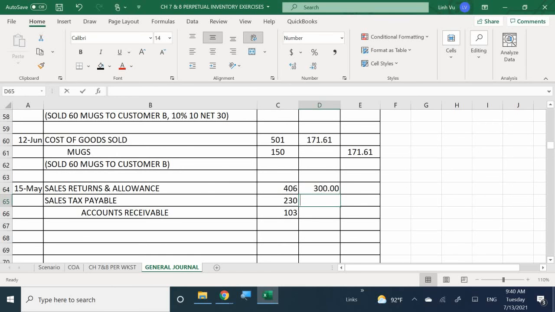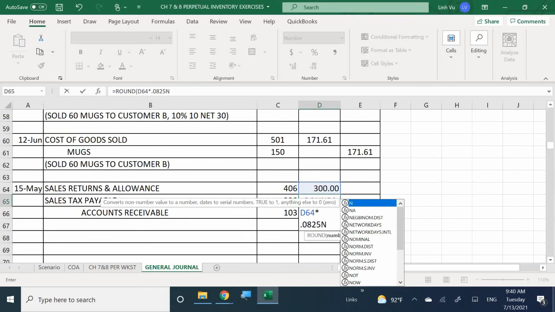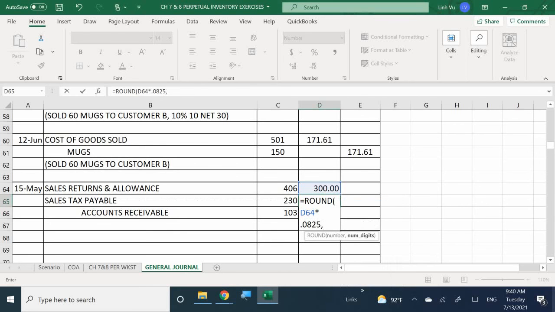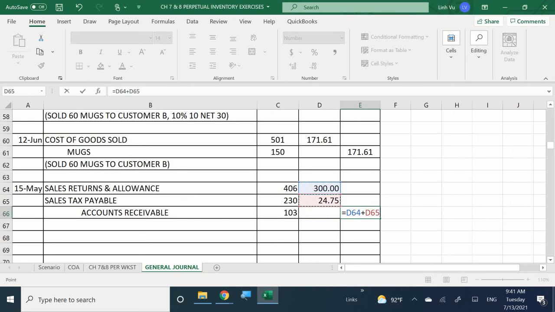Out of the $300, how much sales tax am I going to be refunding? 8.25%. Yes, but how much is that going to be? $24.75. So in grand total, how much am I reducing the amount that customer B owes? $324.75.